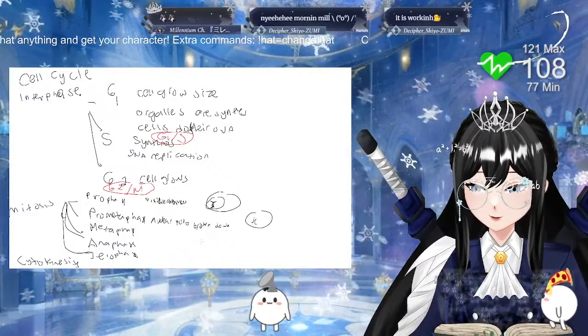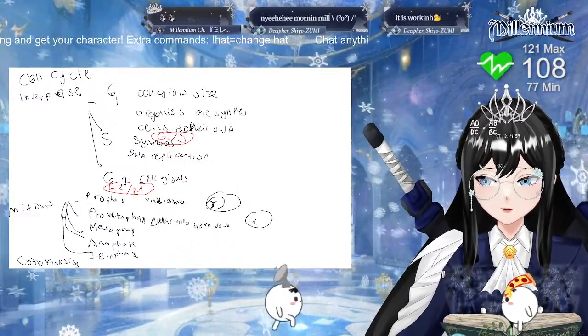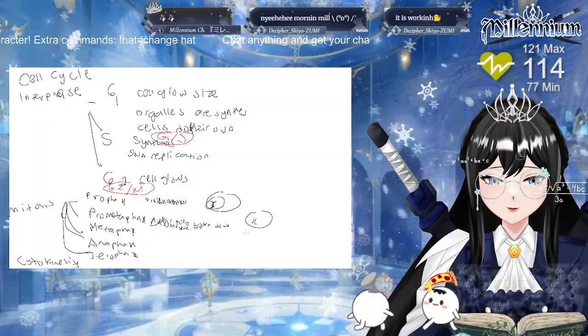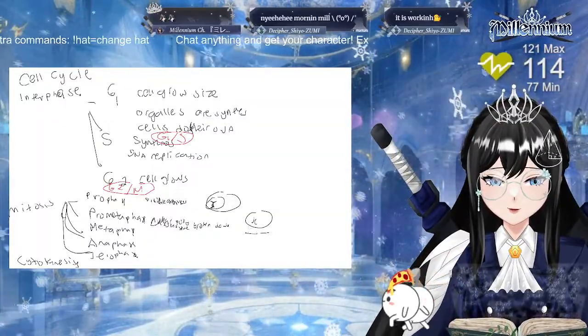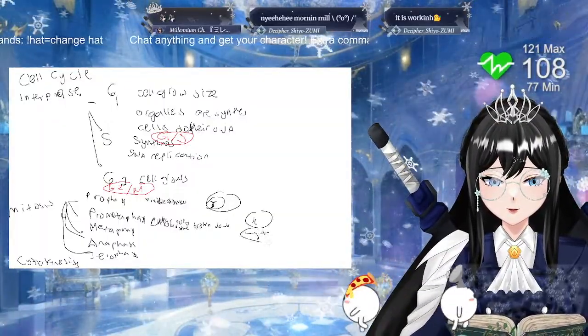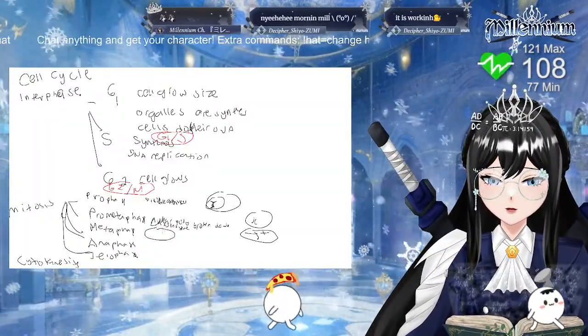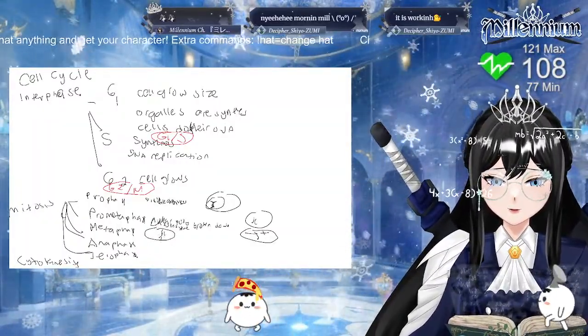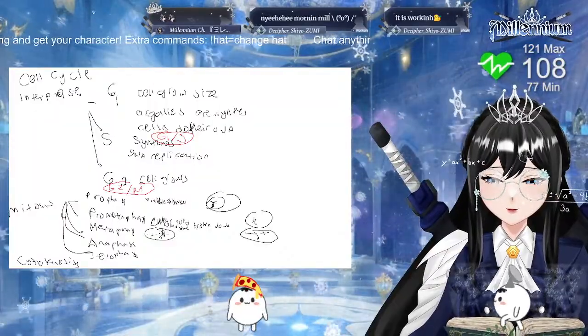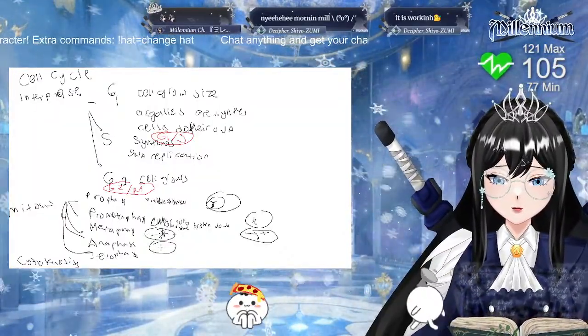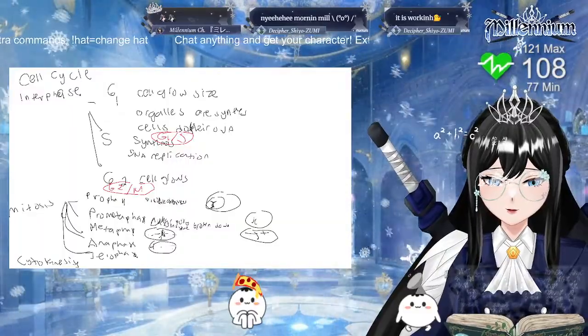Now, the chromosome attaches to the spindle, like this. But note, it is in the metaphase where they would all line up in the center. And then anaphase is where they split up.